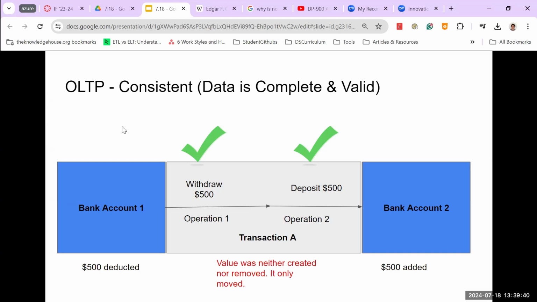We don't create new value and we don't delete value. The value stays consistent. $500 being sent from one place to another is just $500. We cannot only send $499. We cannot send $501. The total money that's just flowed from one bank account to another is $500.